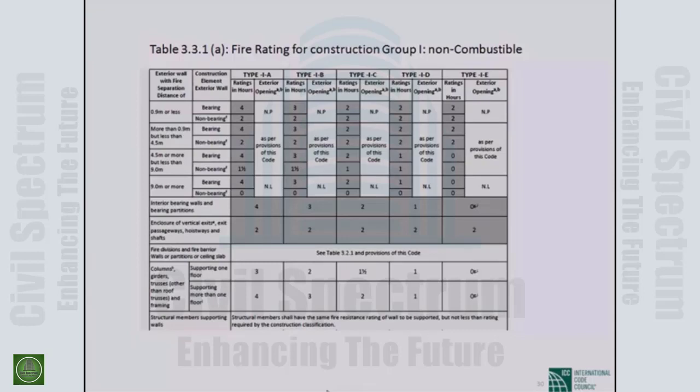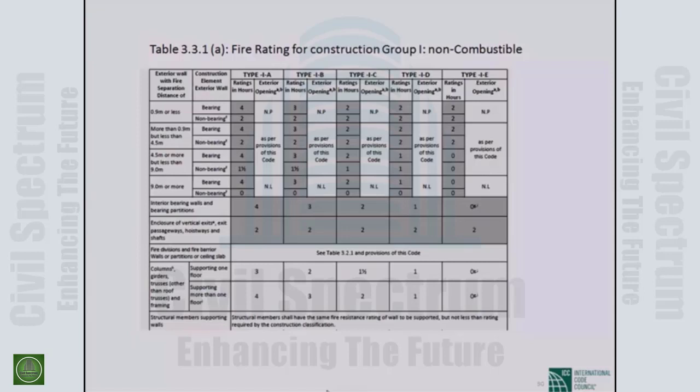It means some of the key components of that building are 4 hour. That will give you a Type 1A building. That means its key components are 4 hour. Other than key components or load bearing components, it is less than 4.